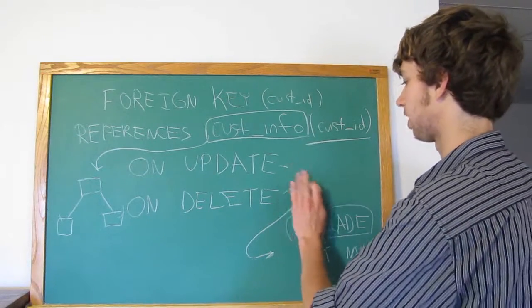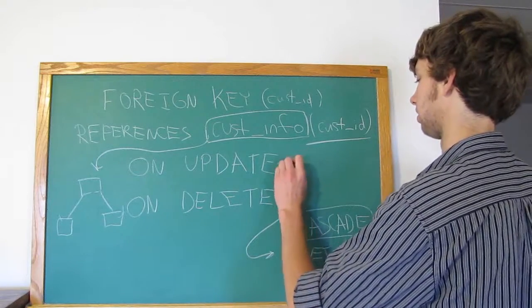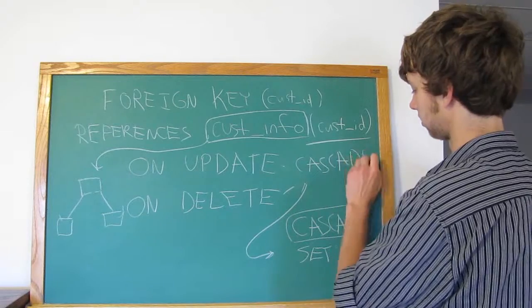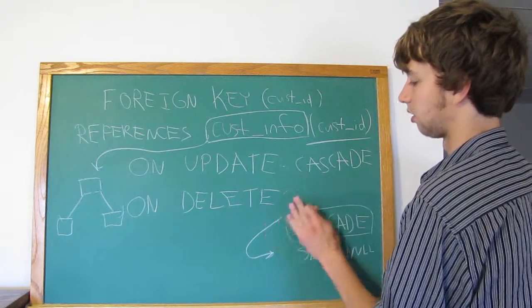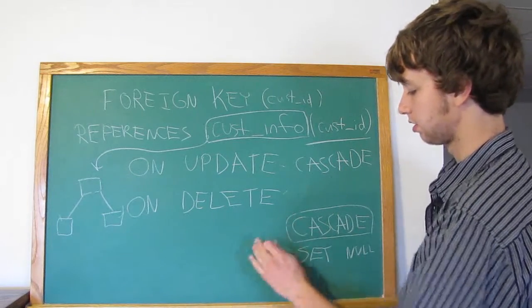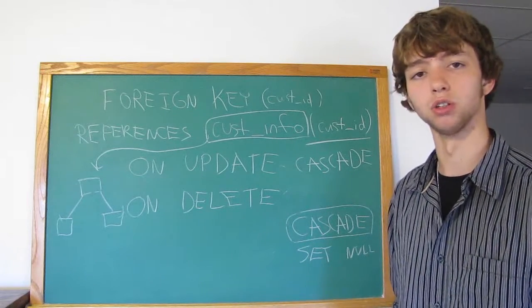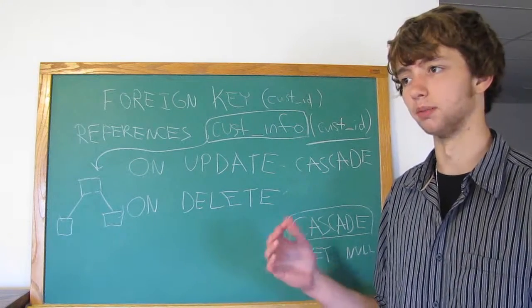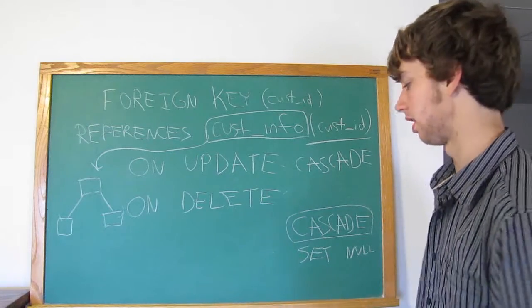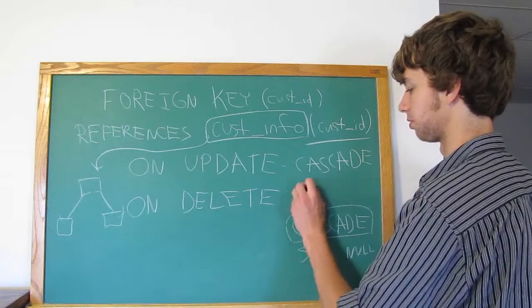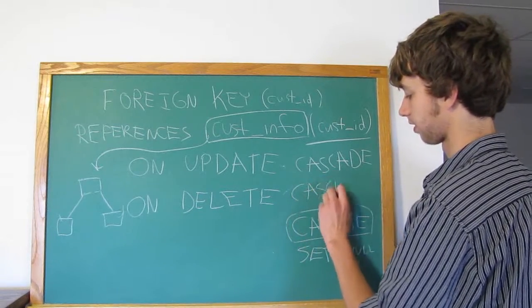So for on update, I'm going to use cascade. Now on delete, we can set it to null, but think about this. If the column has the feature not null, then this will also give you an error because we can't set it to null. So we're also going to use cascade for this.